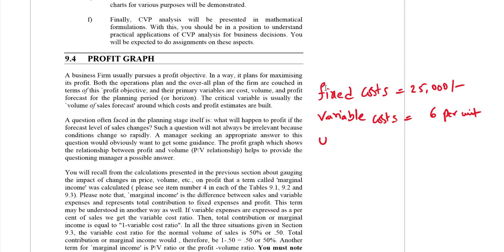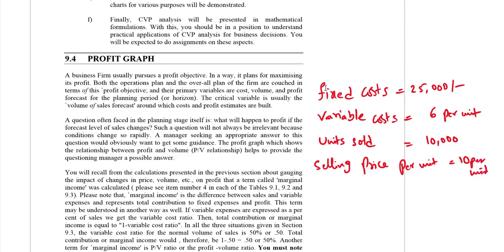Next, number of units sold. The company has produced and sold 10,000 units. Selling price per unit is 10 rupees per unit. So this is the data given.